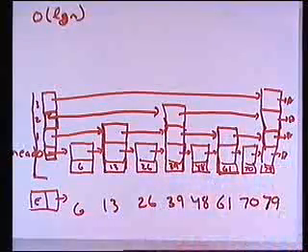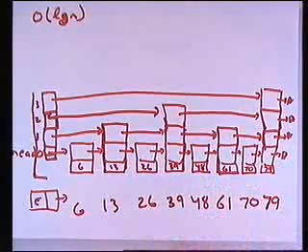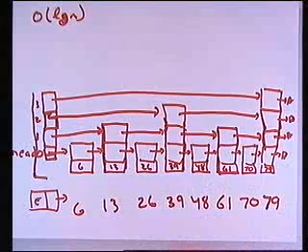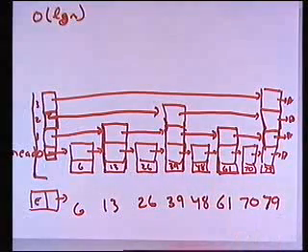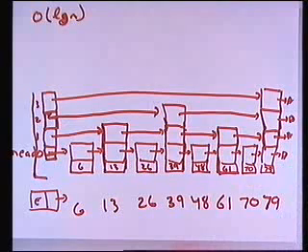But I will know if I now look at this pointer after 61, that points to 79. I've looked at 61, I've looked at 79, and 79 is too far. We know it'll be too far. There won't be any way to go past 79 because we kept ourselves from going past it on level 2. There's no way we're going to go past it on level 1. If 79 was greater than 70 when we were on level 2, it's still greater than 70 when we look at level 1.